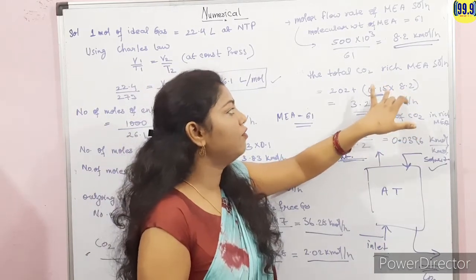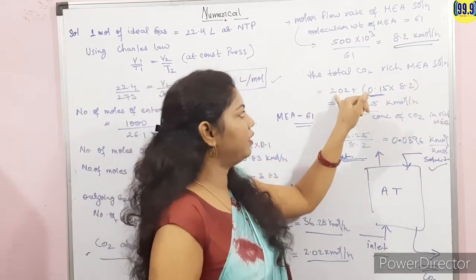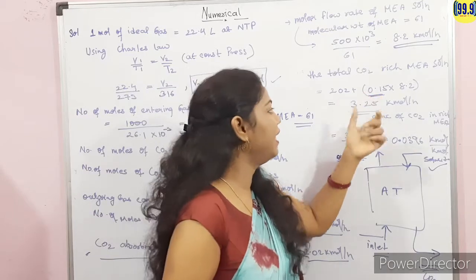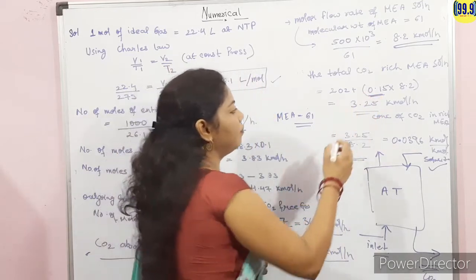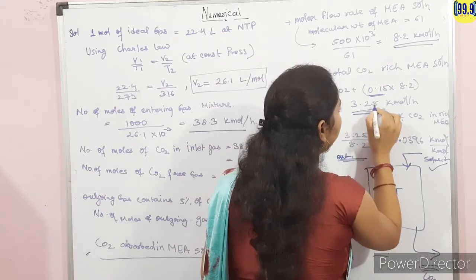So we multiply with the molar flow rate and add it to the 2.02, and then we get the total number of carbon dioxide moles in the rich solution.